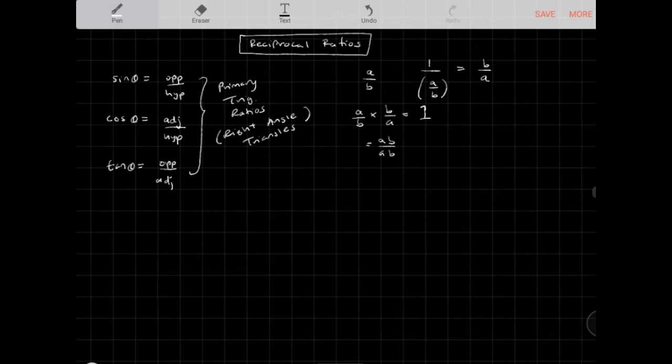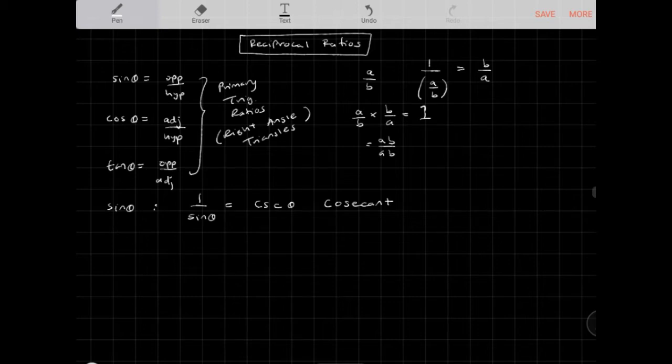Anyways, so these guys actually have reciprocal ratios, and the reciprocal ratio of sine theta, 1 over sine theta, is equal to something called cosecant theta. So cosecant is the reciprocal of the sine ratio.